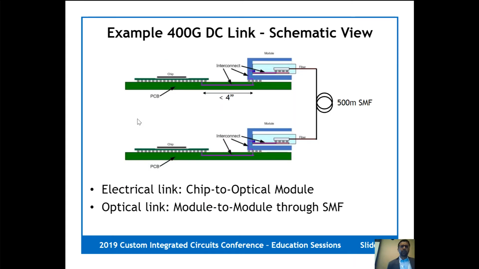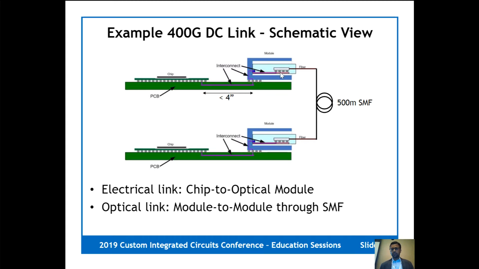It's more clear to see what the components of the link are in this schematic view, where we have the switch IC on a package communicating with the optical transceiver through a few inches of traces, both on the PCB and in the module.